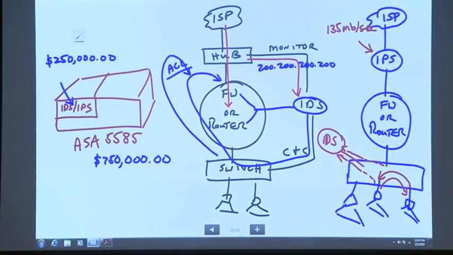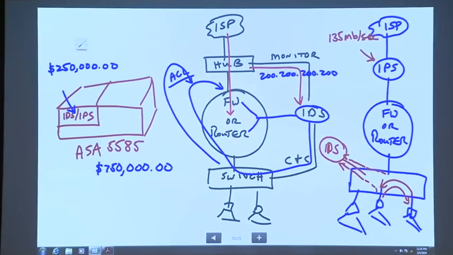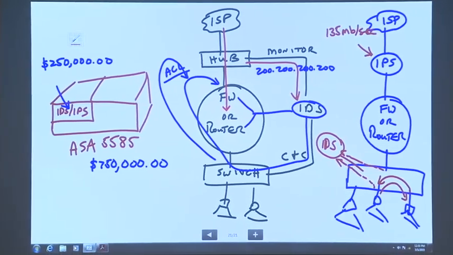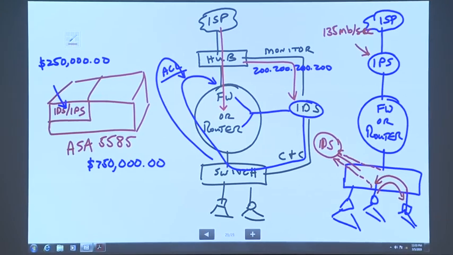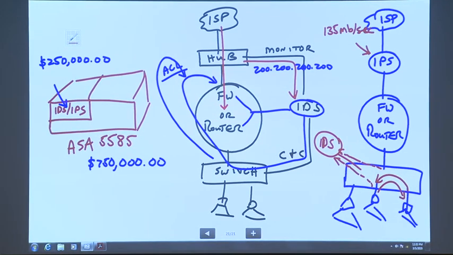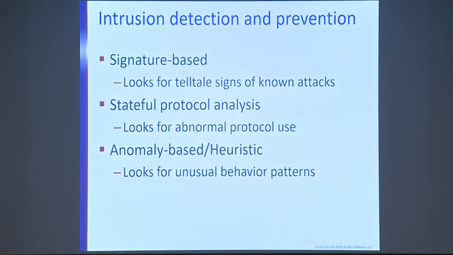Host IDS is going to lock that box down so that nobody can make any interactions with the box except for what is allowed. So if I want to make changes to the box, I'm going to have to go back in and remove the host IDS, make my changes to the box, and then put the host IDS back on here.